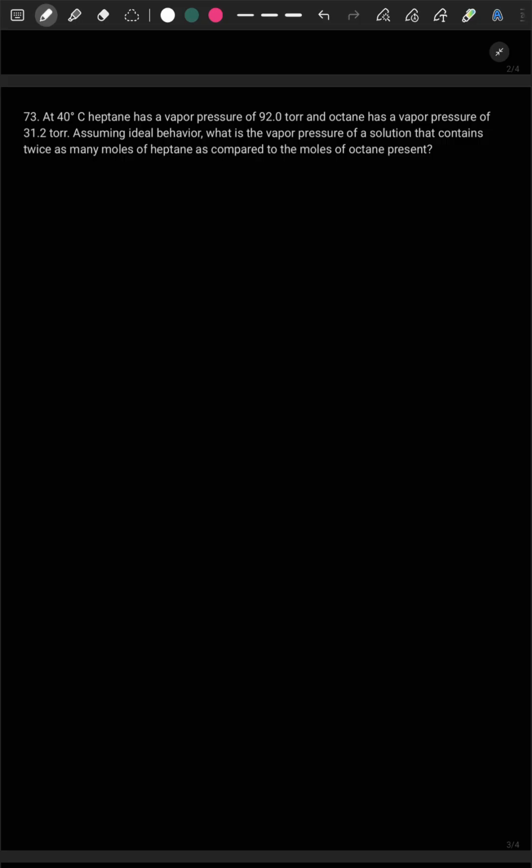We have a solution, and we're assuming that it has ideal behavior, just like in the last one. I forgot to mention that, but we were assuming ideal behavior in the last one as well. What is the vapor pressure of a solution that contains twice as many moles of heptane, so up here, as compared to moles of octane? Octane, which is right here.